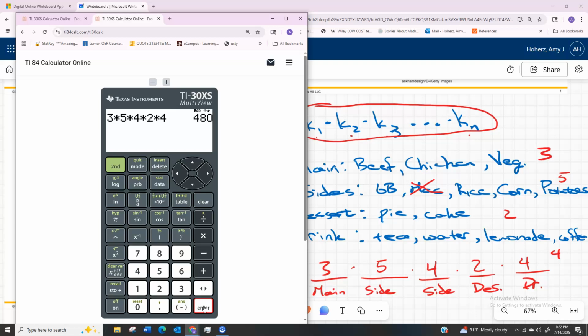So 480 different combinations with 3 main choices, 2 different sides, a dessert, and a drink. If you wonder why the person sitting next to you very rarely has the exact same things you have, if things were random, there's only a 1 in 480 chance that they're going to have the exact same thing as you.